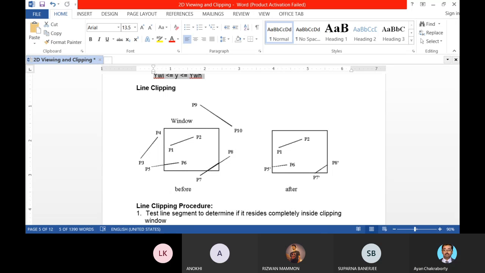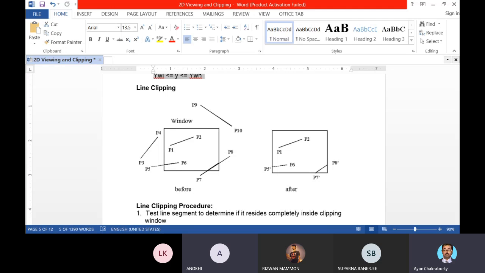Tell me how we can check that two straight lines are crossing each other. What is the condition for getting the intersection points of two straight lines? Can you recall this? You have studied it already in your 11-12 trigonometry.